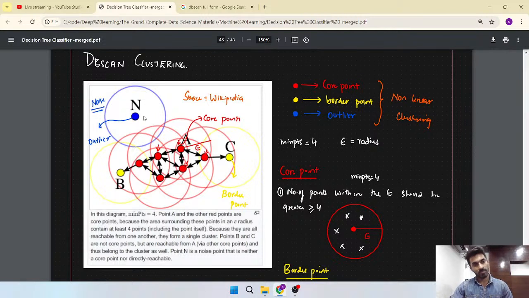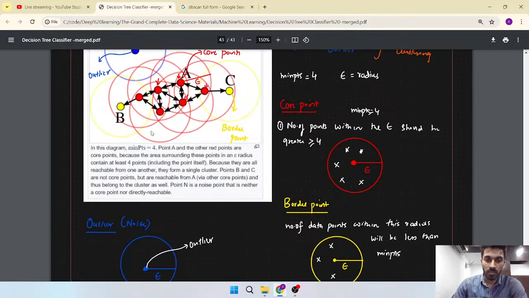So if your data set has noise, apply DBSCAN as an unsupervised machine learning algorithm. Noise points will not affect your model in DBSCAN. That is basically the advantage of applying the DBSCAN algorithm.